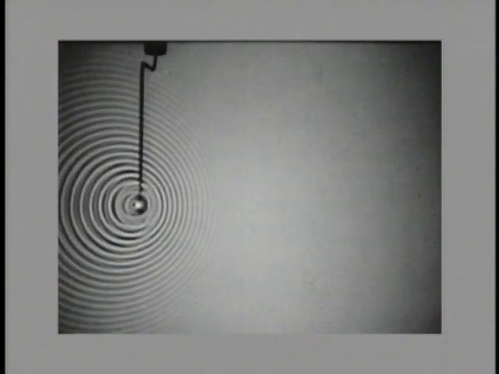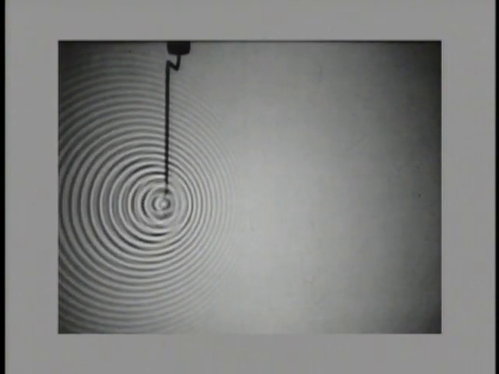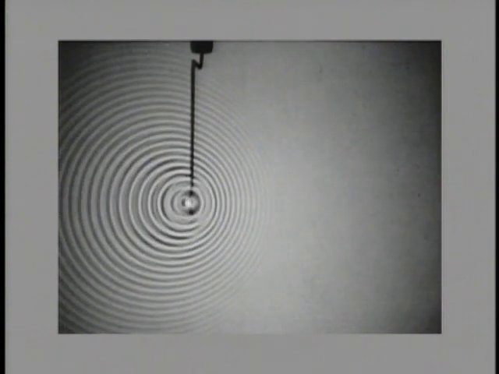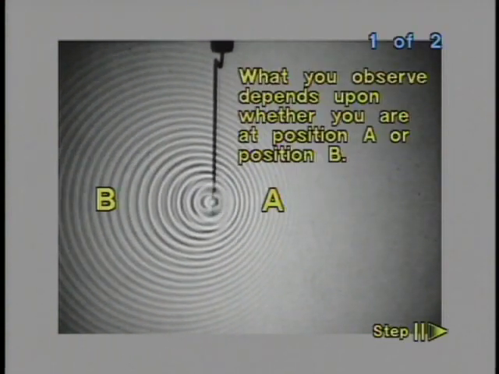On the front side of the moving source, the waves are closer together. On the back side of the moving source, they are farther apart.